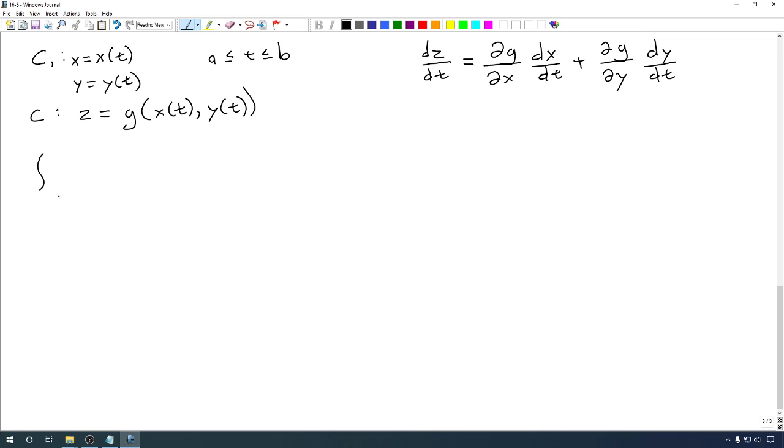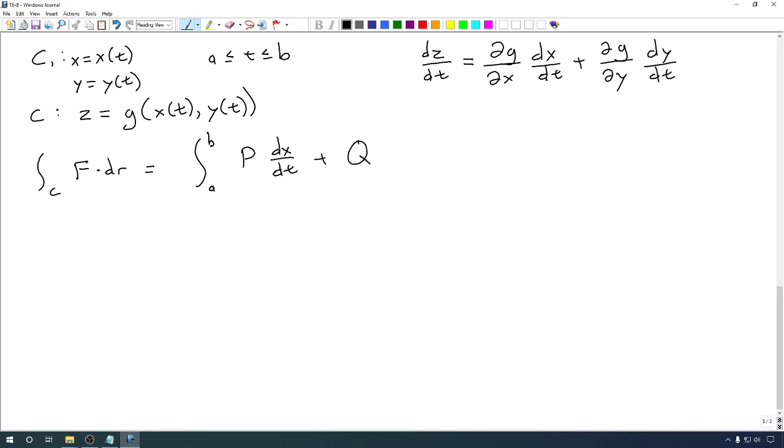When we actually plug all that in, we have the line integral over C of F dot dr. This is going to be the integral from a to b of, remember, F is Pi plus Qj plus Rk. So we have P times the first component of the derivative of r with respect to t, which is just dx/dt.